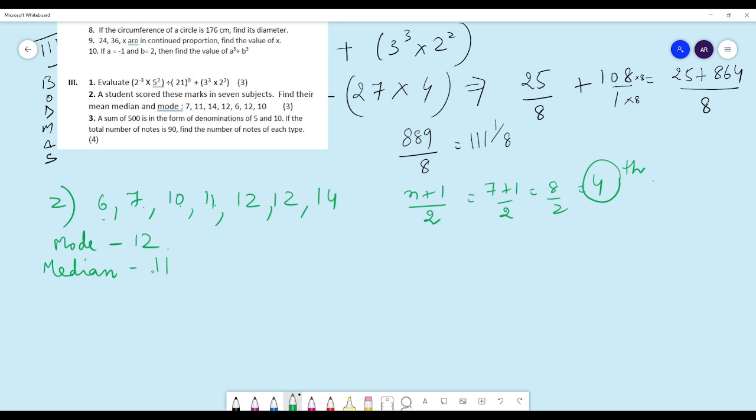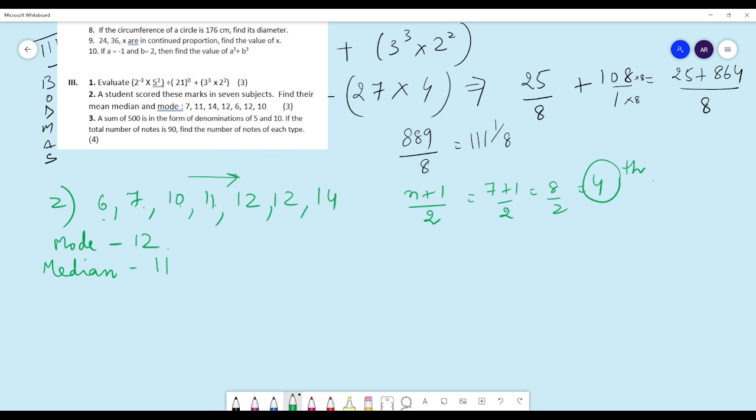So median is 11. Now, if you do not arrange this in an array, you will get the answer wrong, because if you put it up like this, then your fourth data becomes 12 and you are writing 12 as the median, which is incorrect. So you have to put it up in an array first, where you put it in an increasing order generally, or it can be decreasing as well.